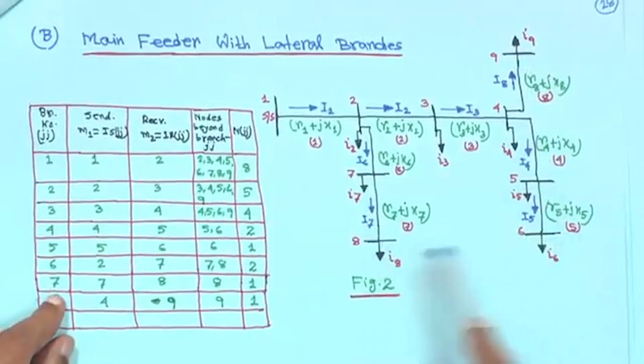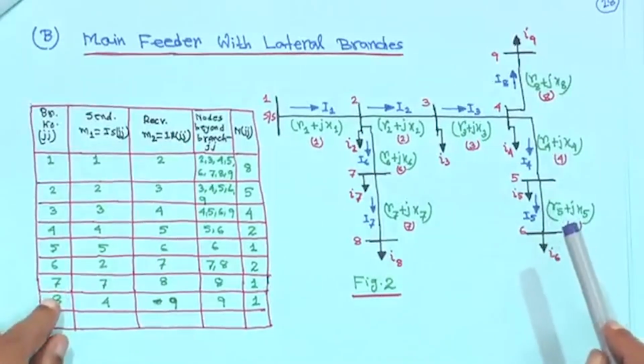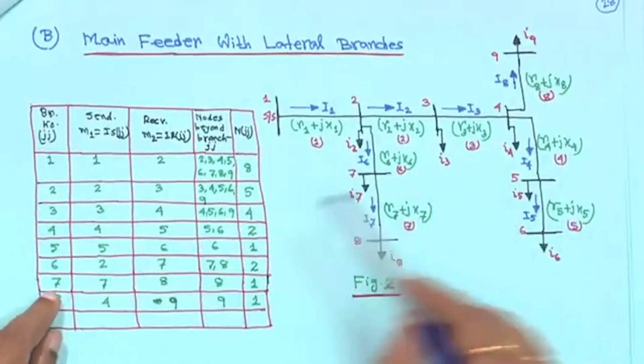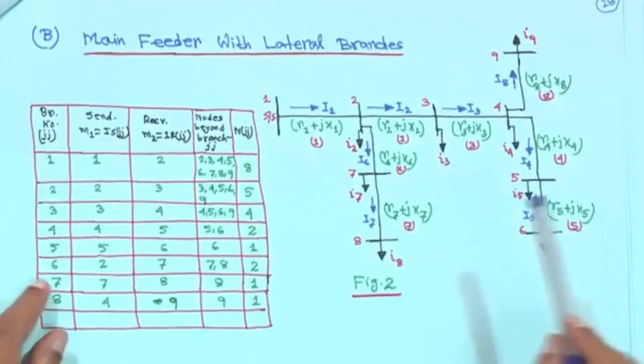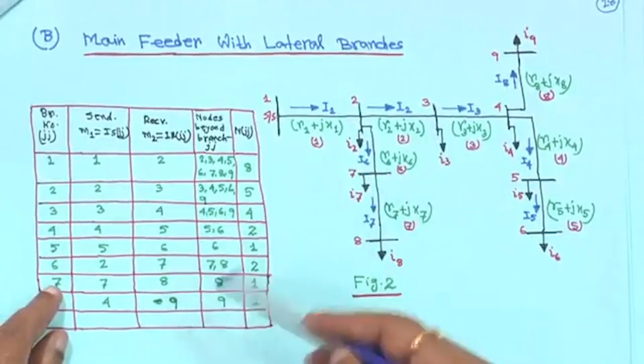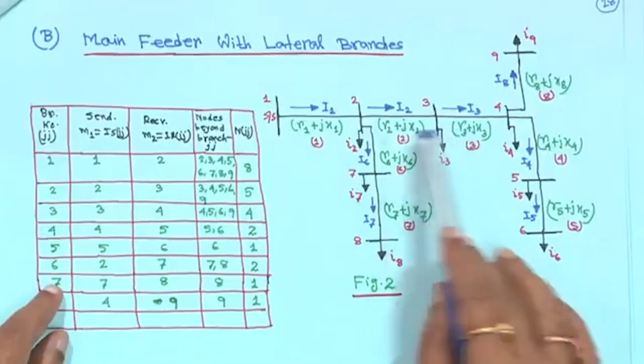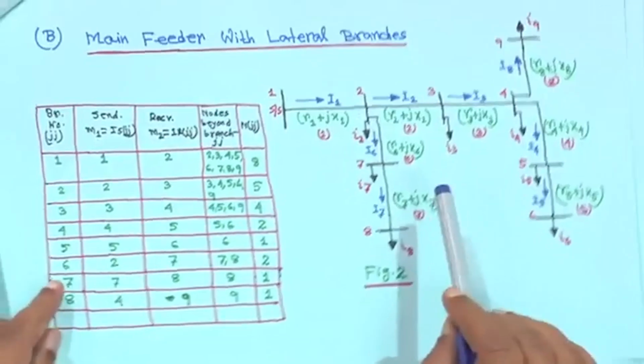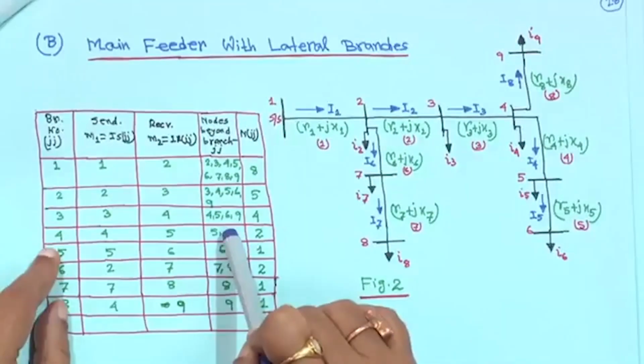Everywhere load is there, but only the main feeder shows everything. The branch currents also have suffix I1, but in the mathematical form they will be in brackets.